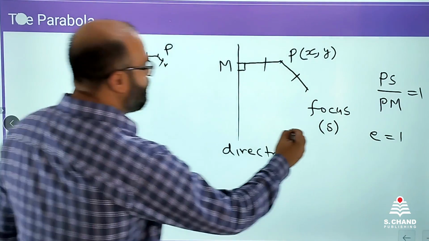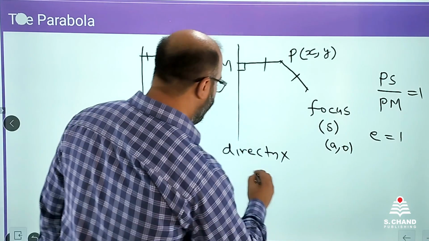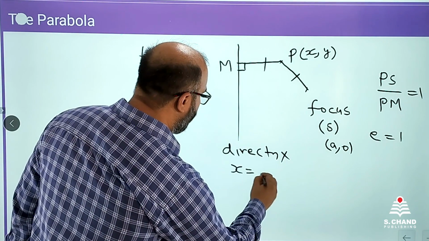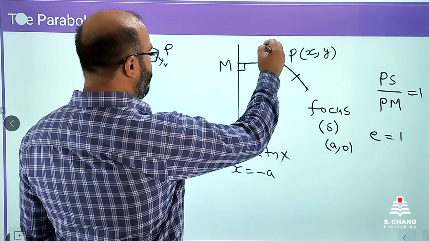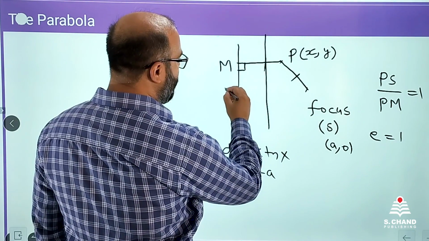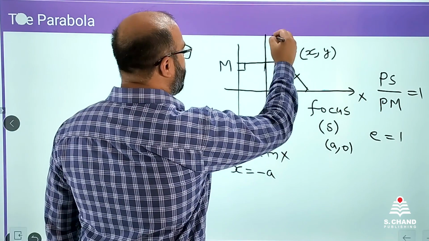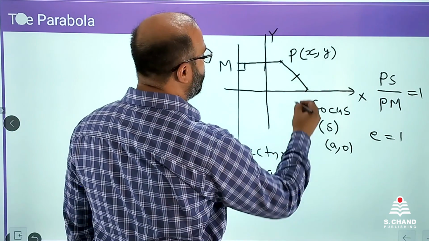Now suppose this focus is a comma 0, and this directrix is x is equal to minus a, and then we have the y-axis, this one, and the x-axis, this one, and we want to find the equation of this parabola.